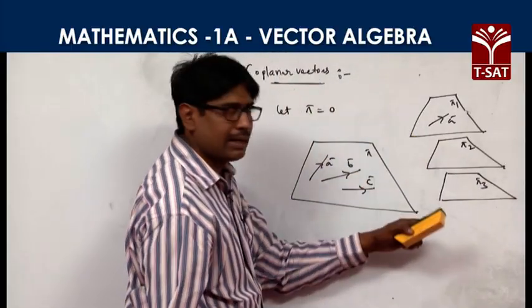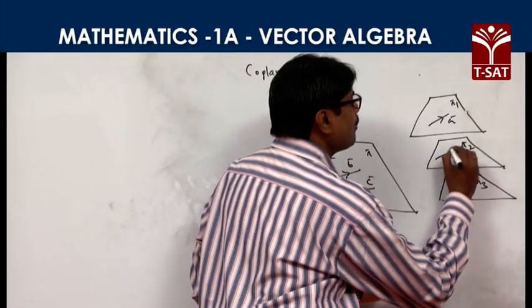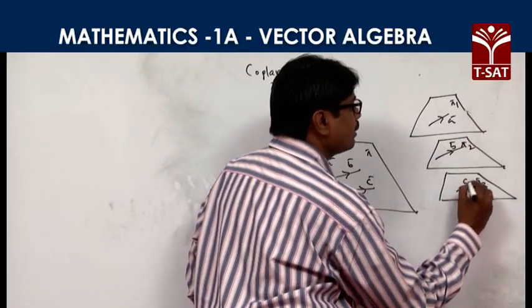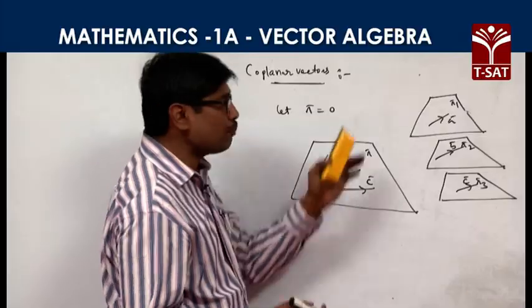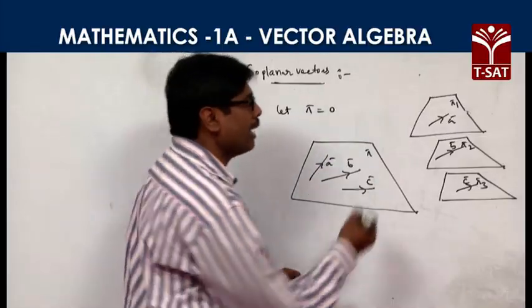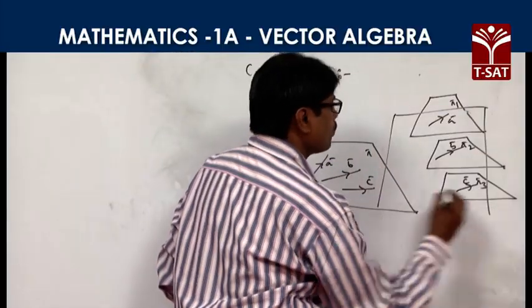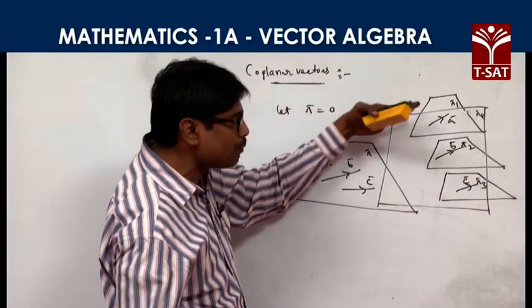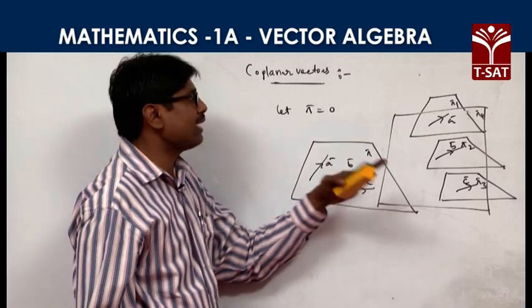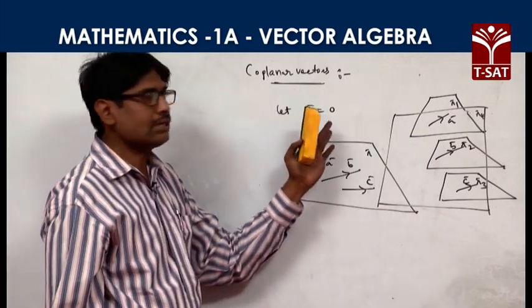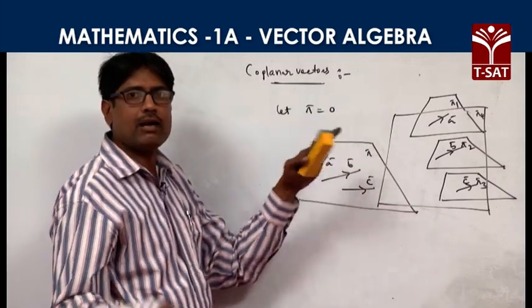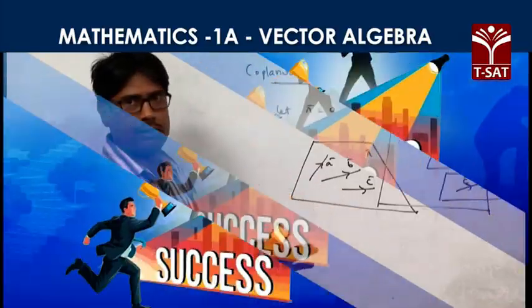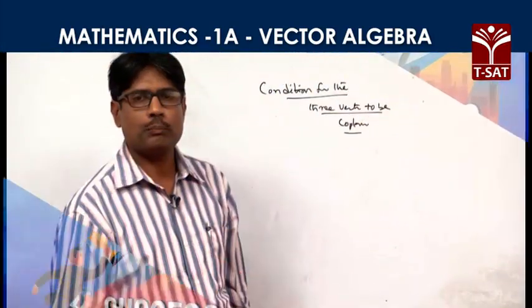Three parallel planes, with A bar here, B bar here and C bar here. You can construct one plane passing through A bar, B bar, C bar, then we call them also coplanar. Pi 4 is a plane constructed by A bar, B bar, C bar. So, vectors are said to be coplanar if they lie in the same plane or parallel planes, that is the coplanarity. Just now we have defined coplanar vectors.